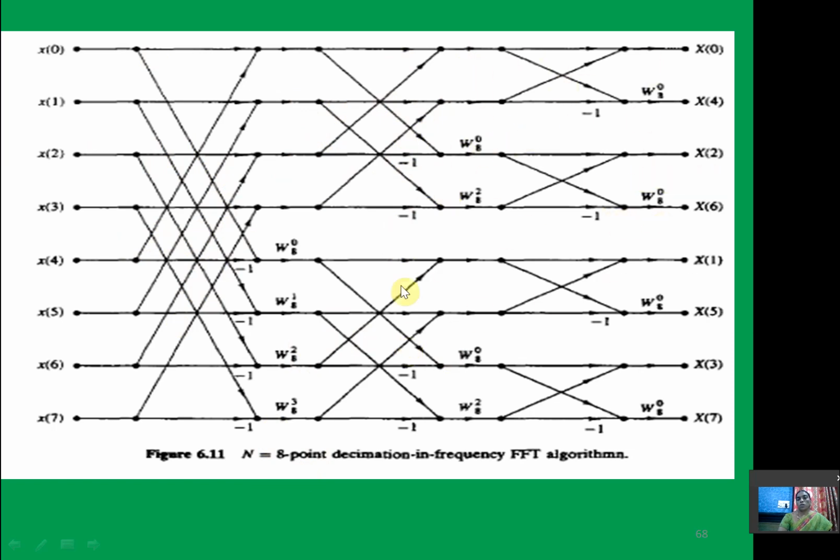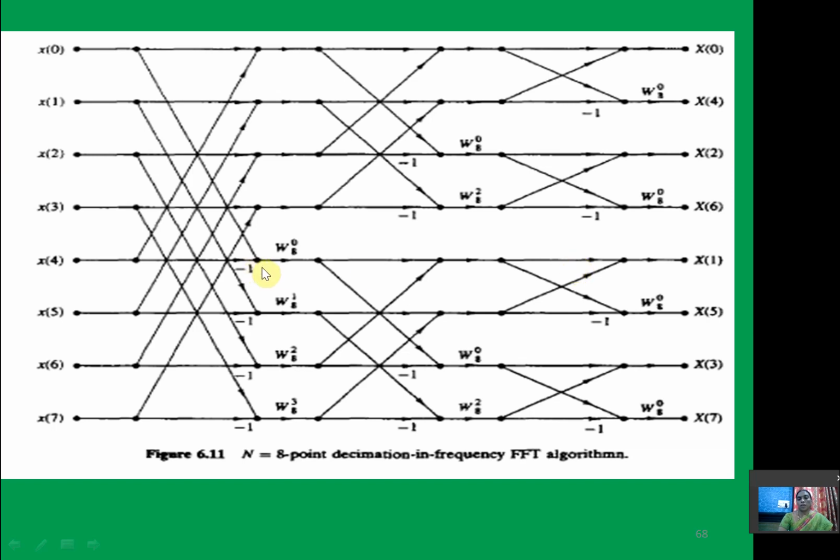Here x of n is in the same order, and you get X of k with the order shuffled. So this is the 2-point butterfly diagram, this is the 4-point butterfly diagram, and this is the 8-point butterfly diagram. That means it comprises 3 stages: first stage, second stage, third stage.